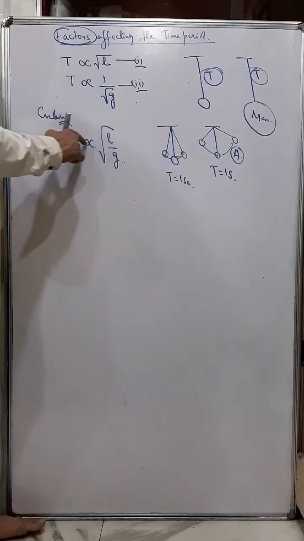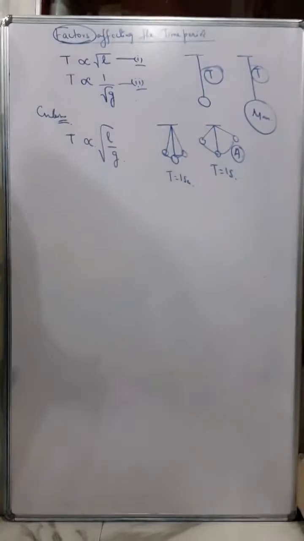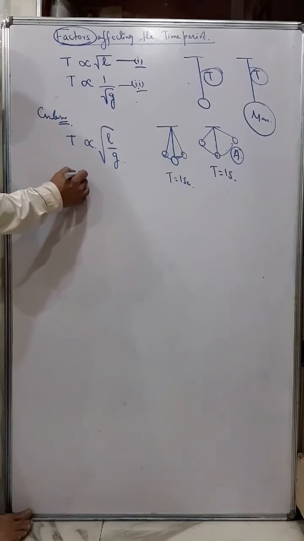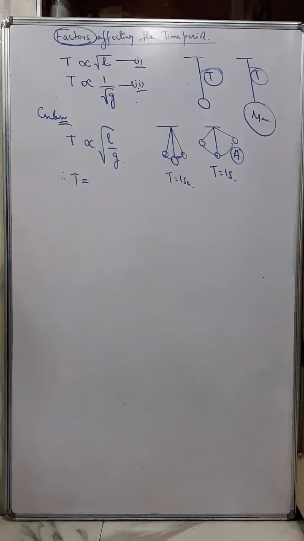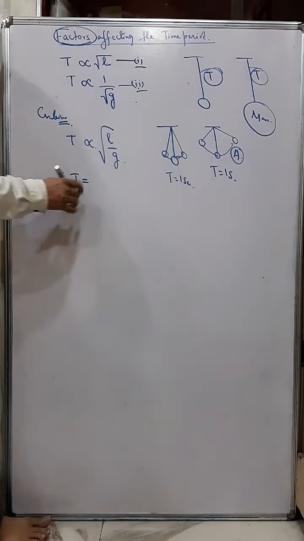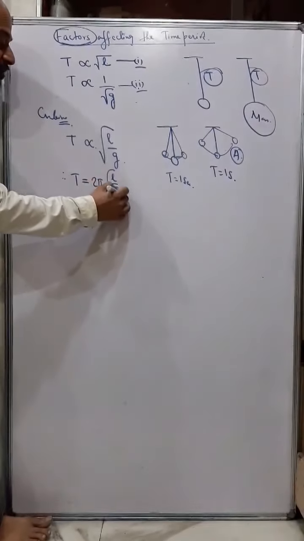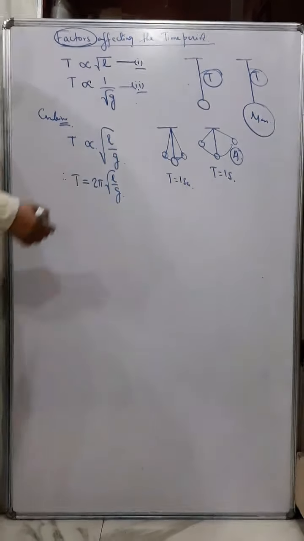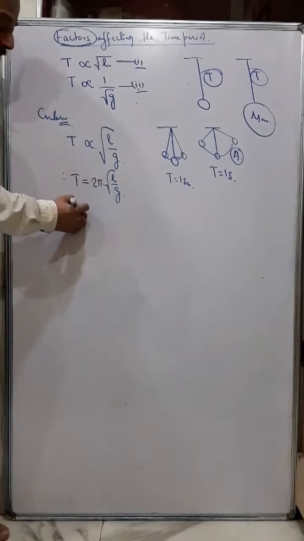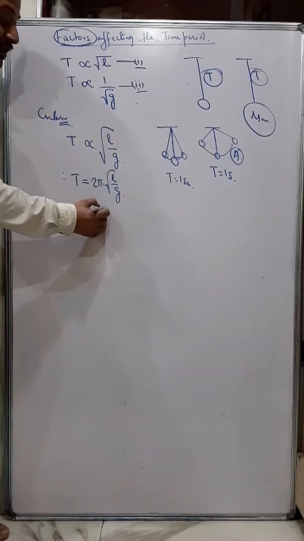If I combine this, it becomes this, and now because I am forming an equation, a formula, T equals 2 pi root over L by g. This is done by calculations. Here this 2 pi is the proportionality constant.